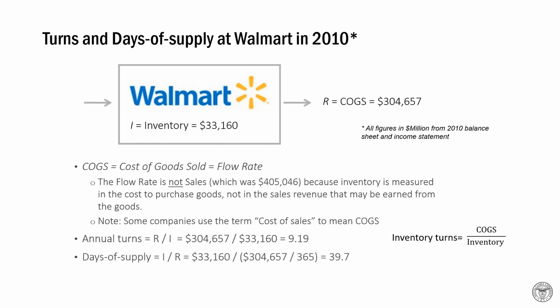This result signifies that Walmart's inventory was replenished over 9 times within the year. The days of supply, a measure of how many days the current inventory will last at the current flow rate, was calculated as 39.7 days. This is derived by dividing inventory by the average daily flow rate, which is $304,657 million divided by 365 days.